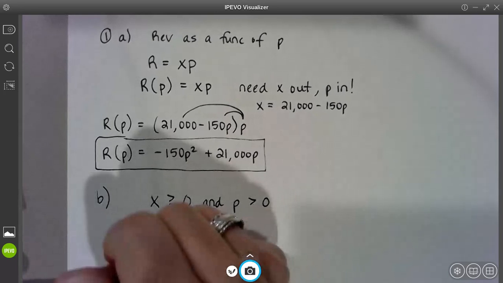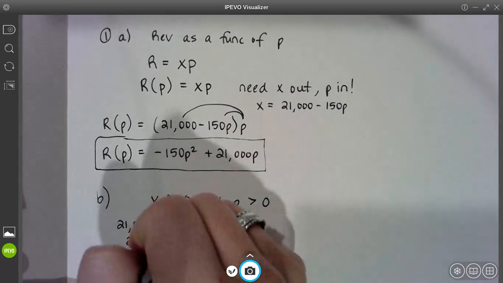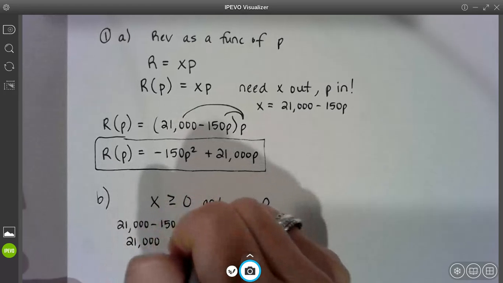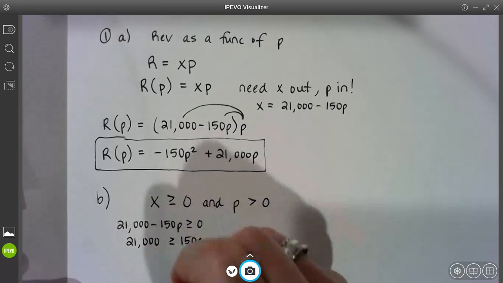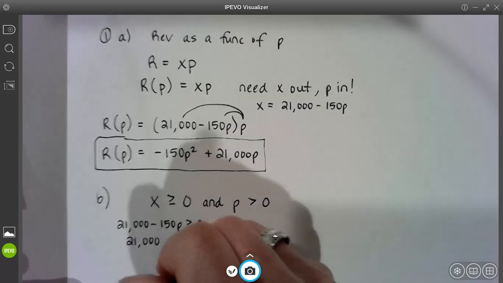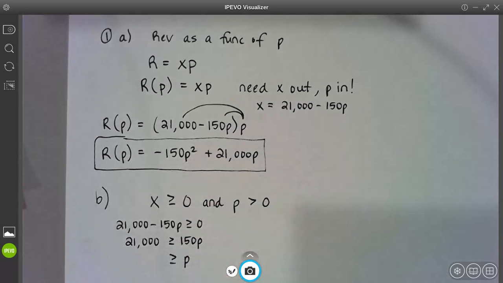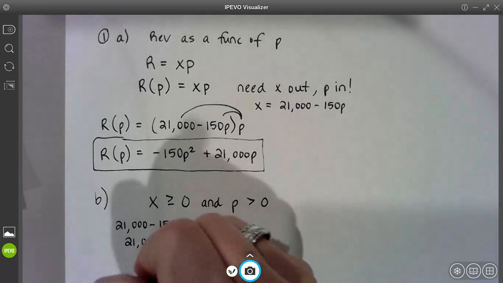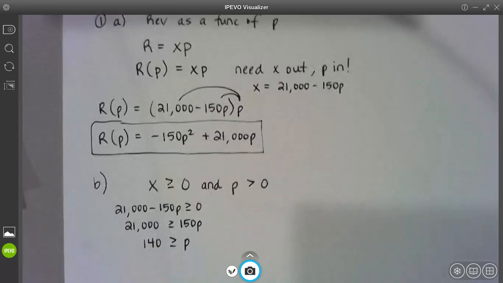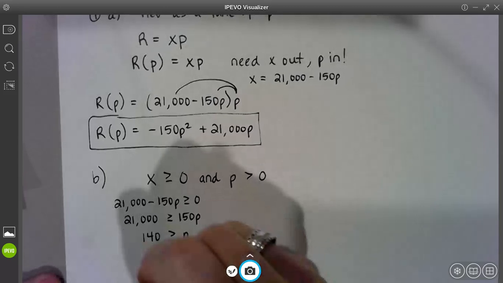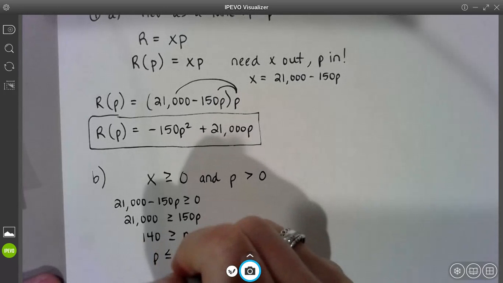So I'm just going to add my 150P over. I'm going to divide by 150, and I believe you find out it is 140. So as far as the domain is concerned, P has to be a number, I like to read it like this, less than or equal to 140.